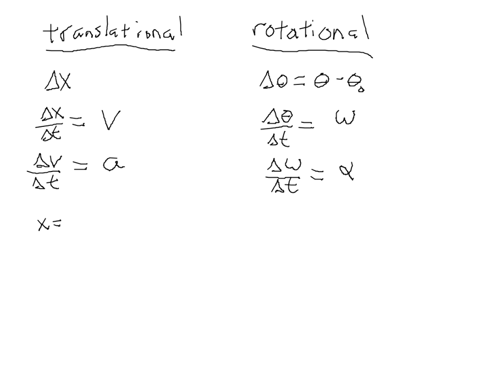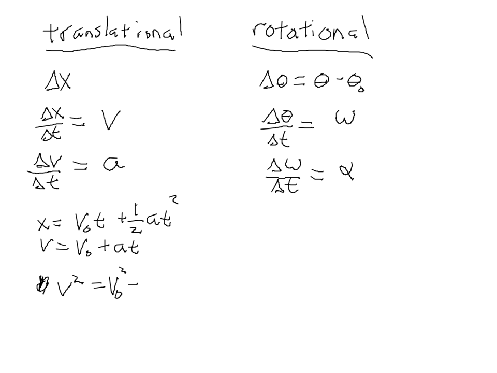We had equations like x equals v0t plus 1/2 at squared, v equals v0 plus at, and v squared equals v0 squared plus ax.